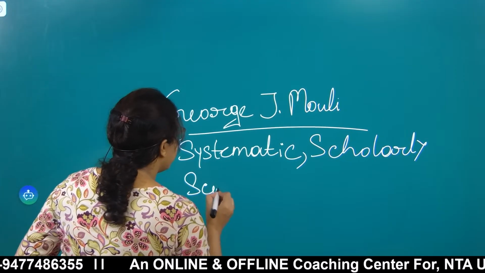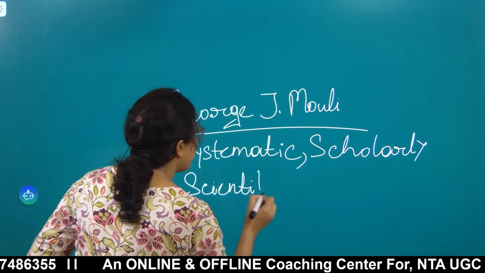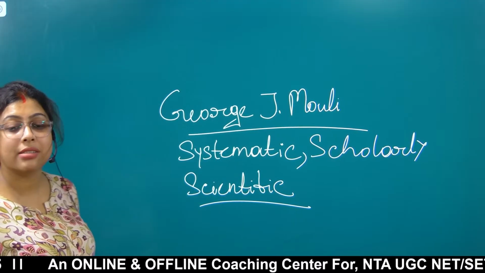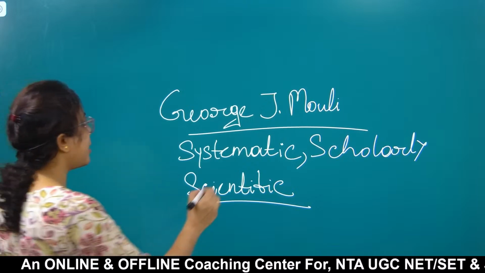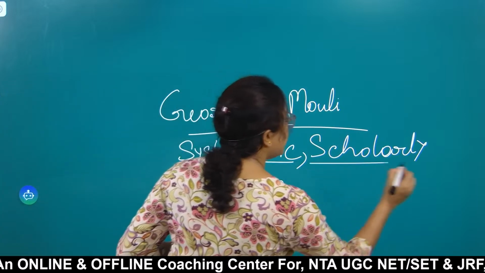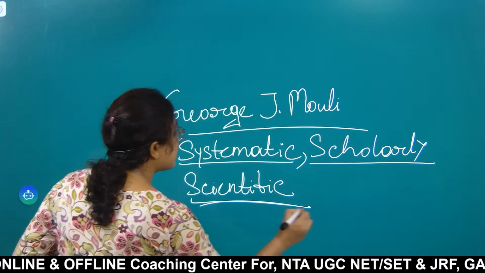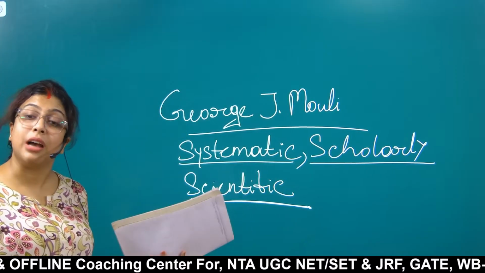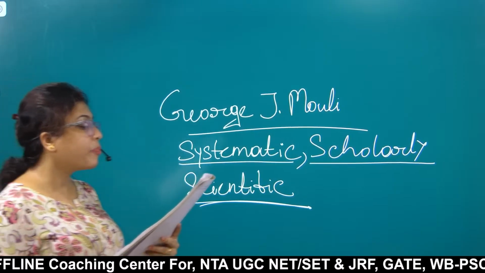So you need to be scientific in order to conduct a research program. You need to be systematic, you need to be scholarly, you need to be scientific. What is there then?